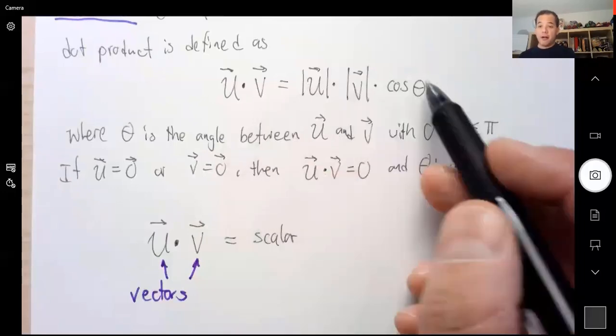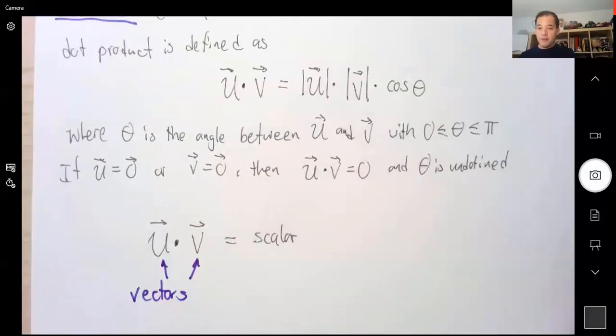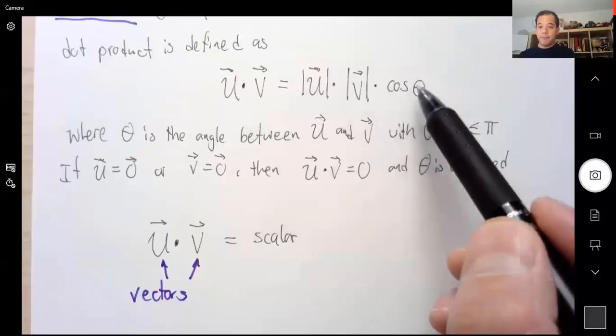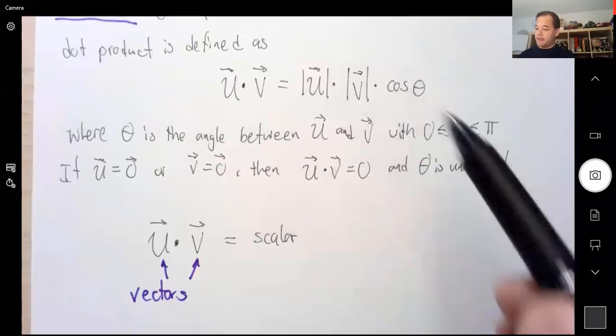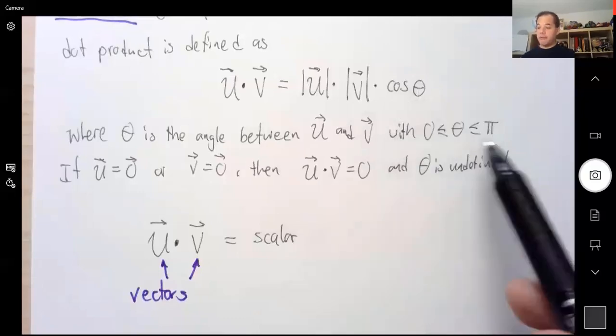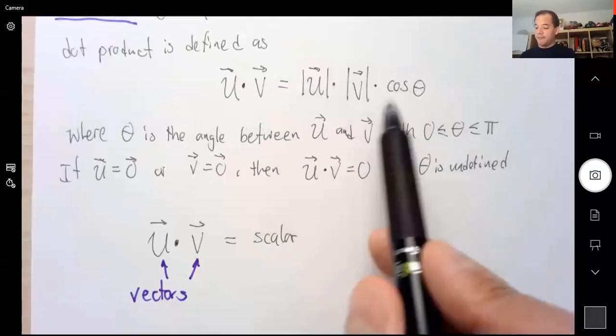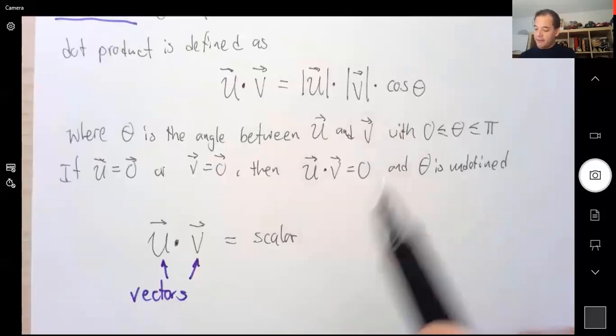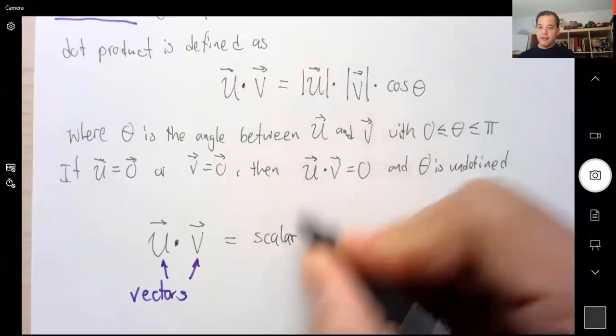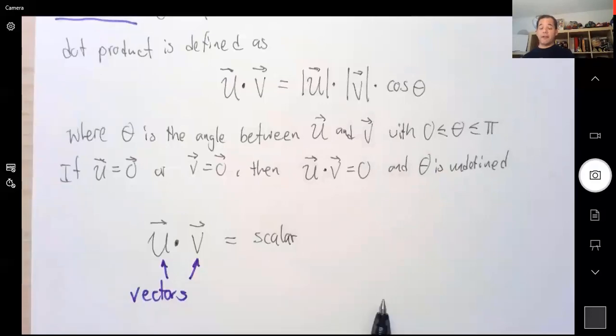And this is a number between -1 and 1, right? The cosine of an angle between 0 and pi is a number between -1 and 1. So this is a number, a scalar. You need to understand that this is an operation that goes like that, right?